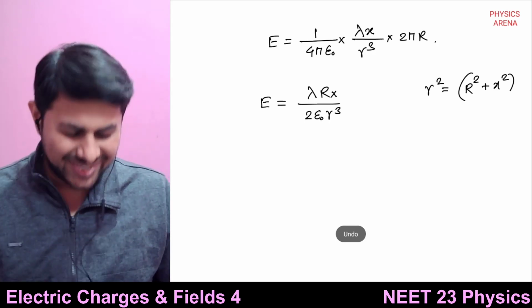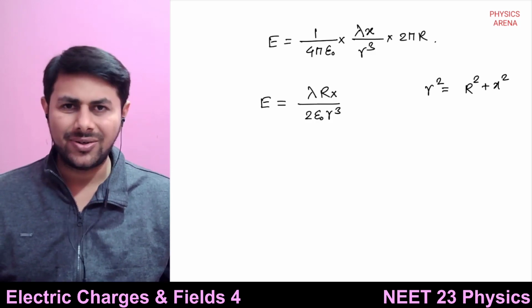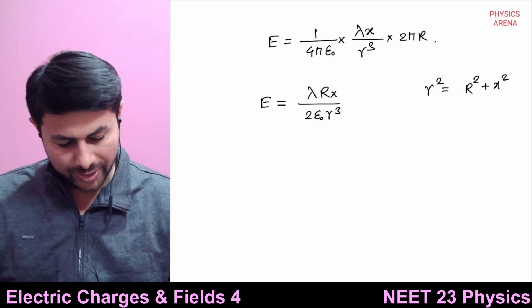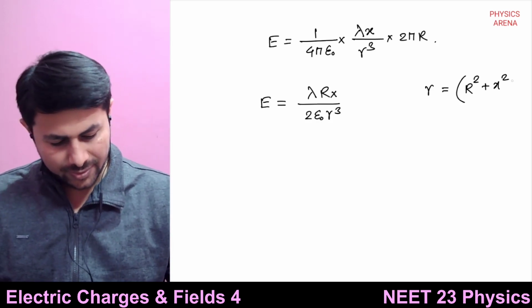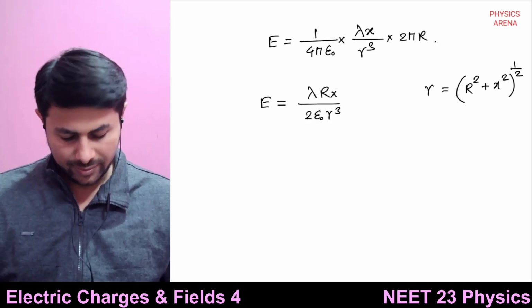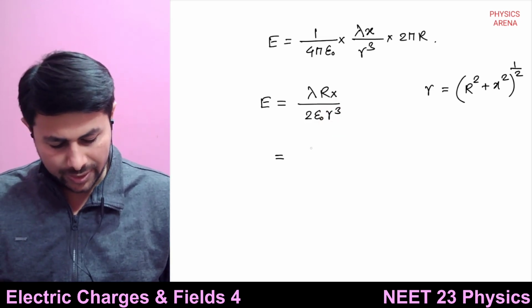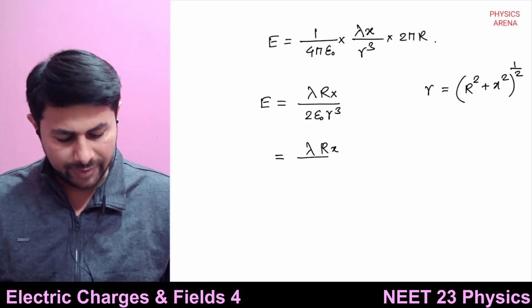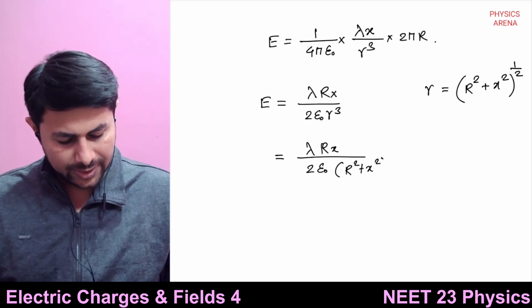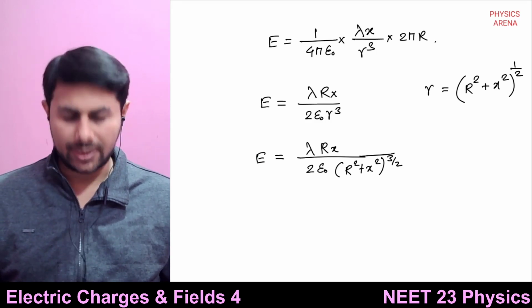Small r square equals capital R square plus x square, and therefore small r is R square plus x square raised to half, and we have cube of that small r here. So it is equal to lambda times R x divided by 2 epsilon naught R square plus x square raised to 3 by 2. This is one formula that you get.